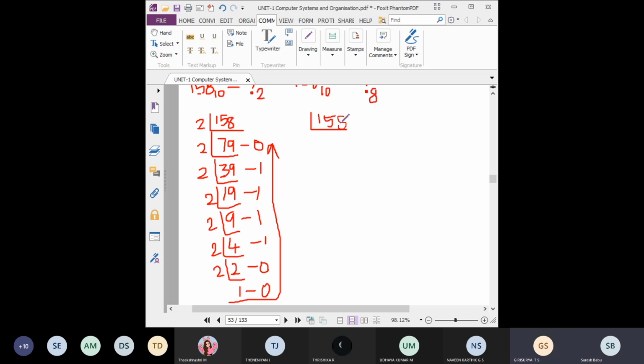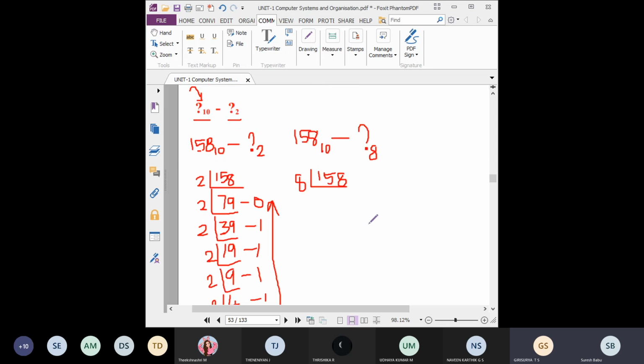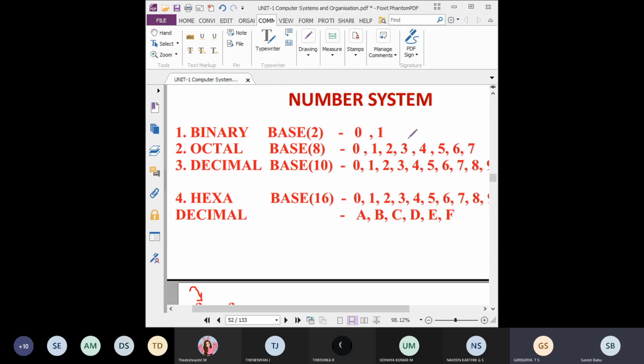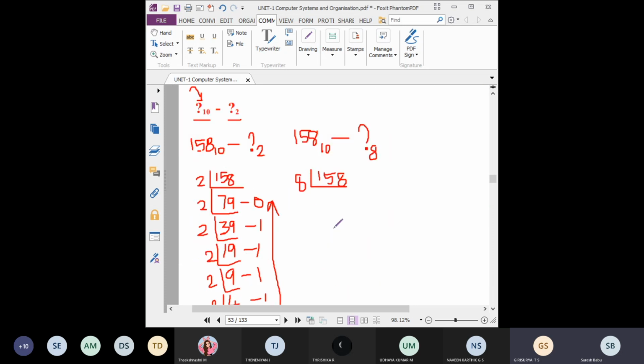If you divide by 8, you will get a remainder from 0 to 7, that is less than 8. The octal number digits will be 0 to 7. Students understood?